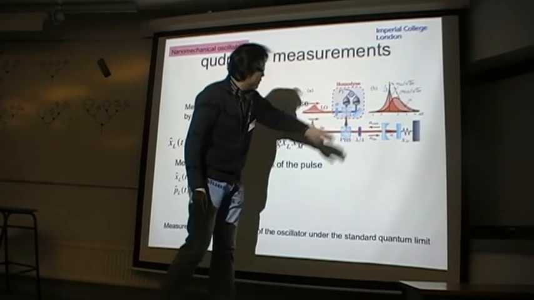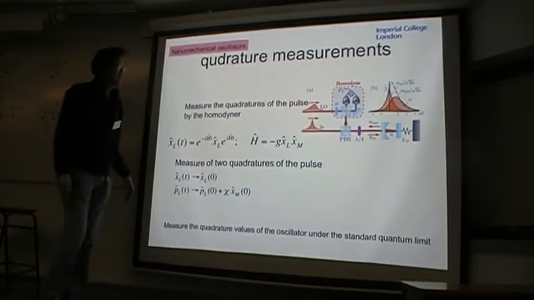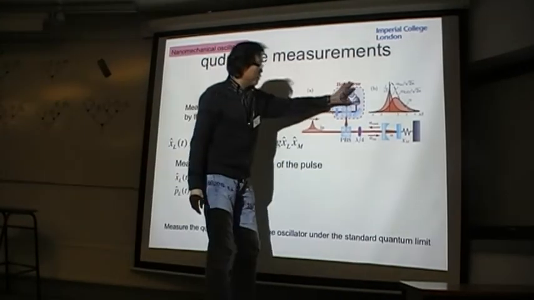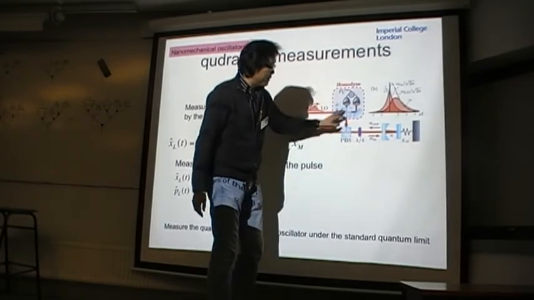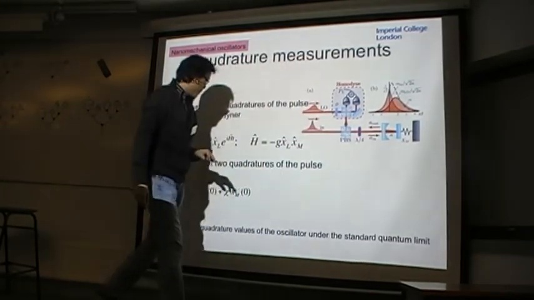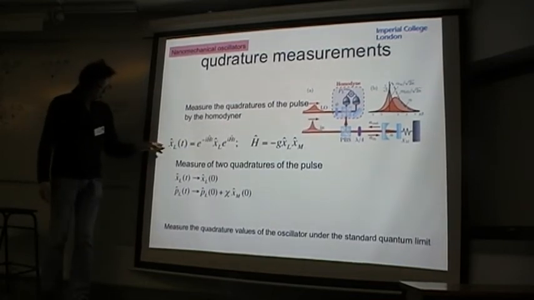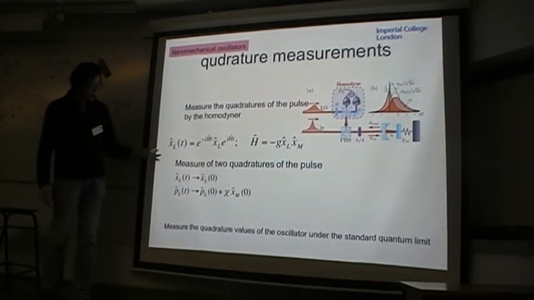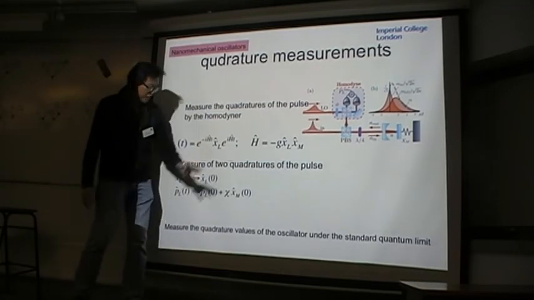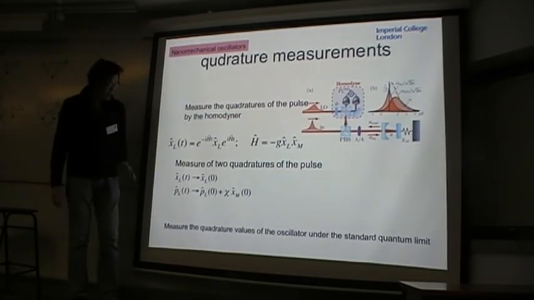So this is what we measure for the light field coming out from the cavity. In fact, can we really have full information on the nanomechanical oscillator by measuring the light field?